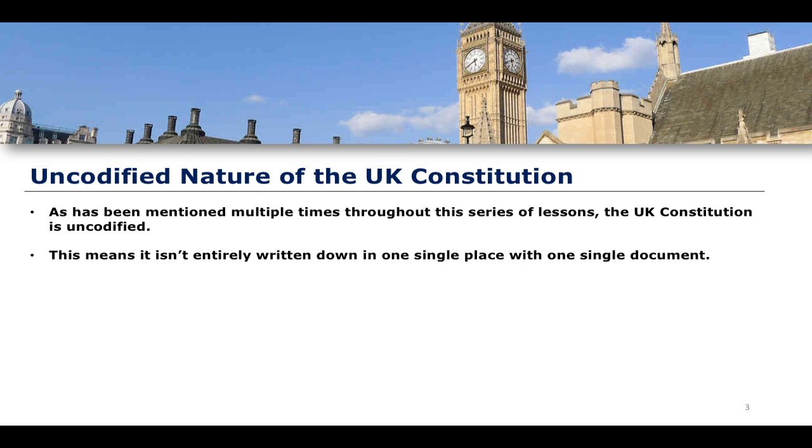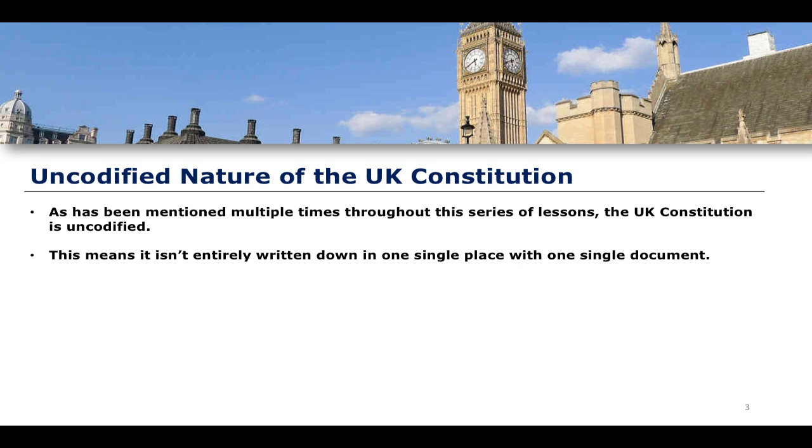I can understand why certain textbooks and certain academics may cite it in that particular regard, but I would argue that uncodified is a far more precise way of defining the nature of the UK Constitution rather than unwritten, because unwritten implies that it is just a bunch of conventions and general rules of thumb, whereas in reality the vast majority of the UK Constitution is written down.